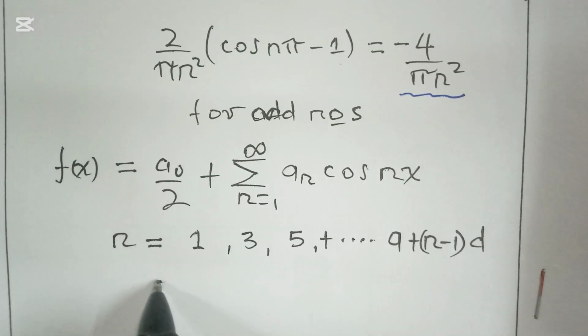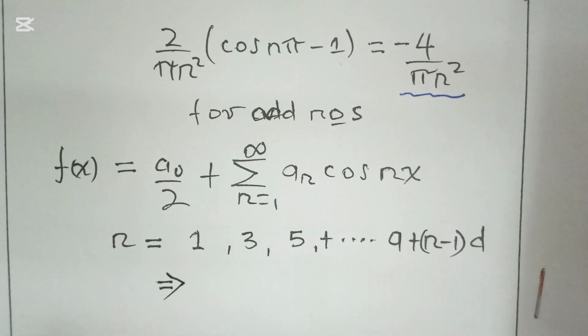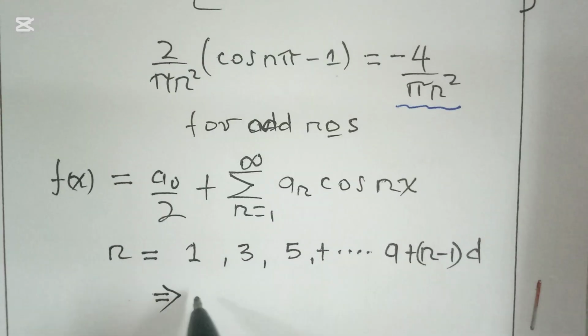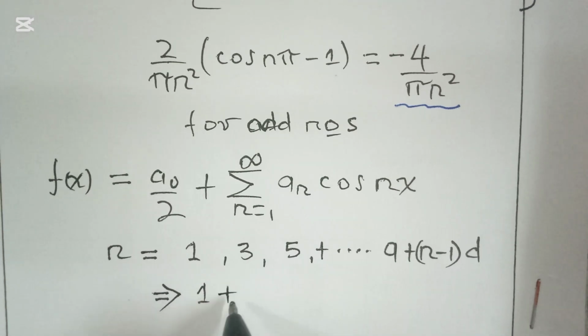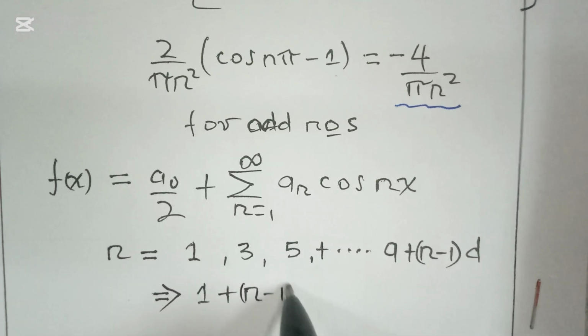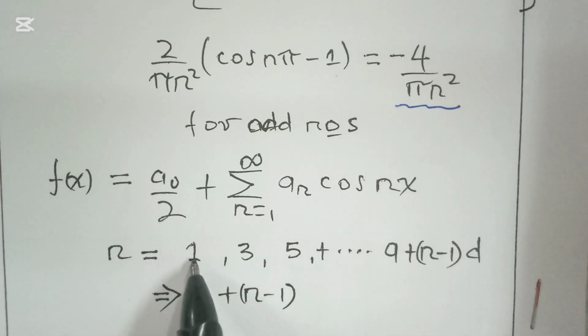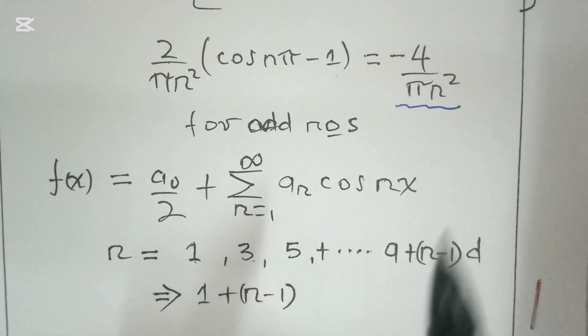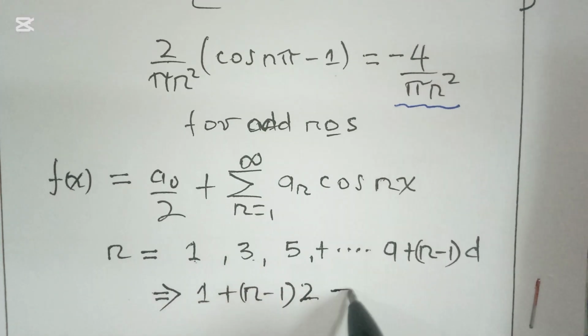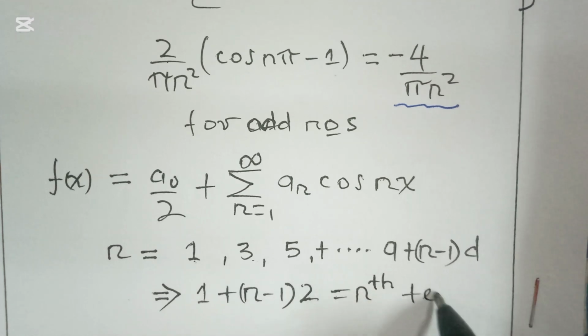We shall have our first term for this n as 1. So we shall put a as 1 plus n minus 1. n is what we do not know, but we know the d. d is supposed to be 2. The common difference is 2. So this is going to be the nth term.